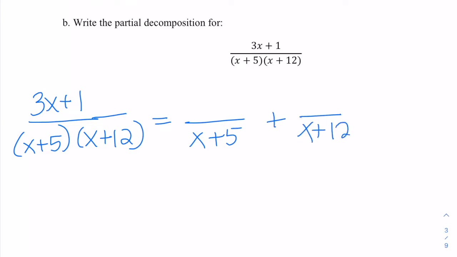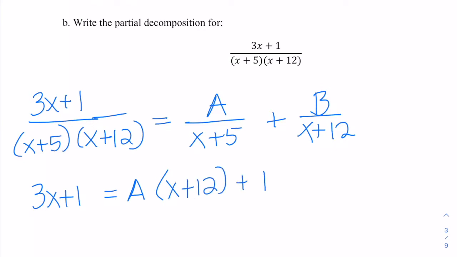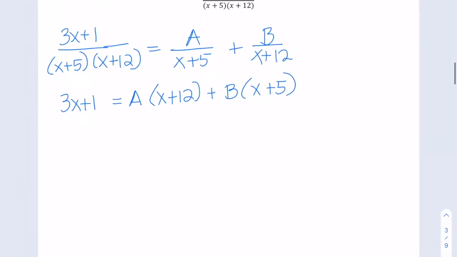And since we have the first one, I'll write that with an a in the numerator, and our second one will be b. So when I solve it, I'm going to multiply by x plus 5, x plus 12, and we can see right here, we can again find some values that'll eliminate a variable to make our equations simpler.